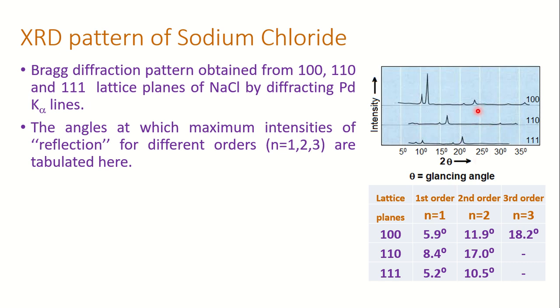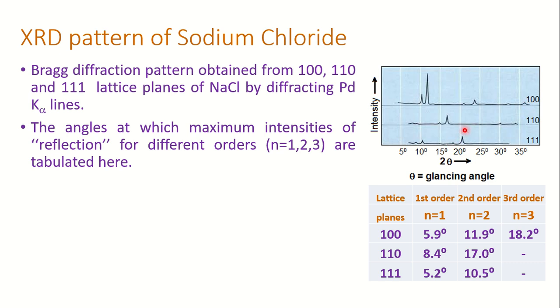For the second order reflection, the value is around 24, 23.8, so theta is about 11.9. And for the third order it was 36.4, and half of 36.4 is 18.2.